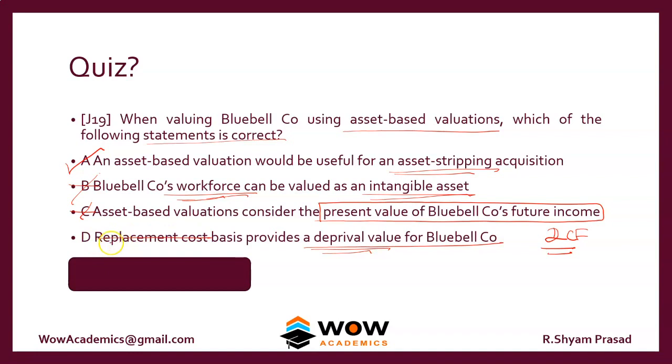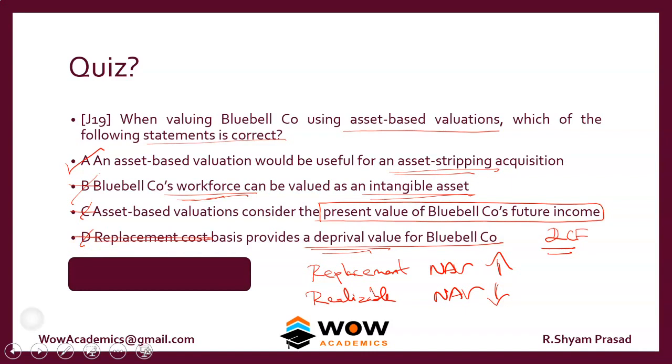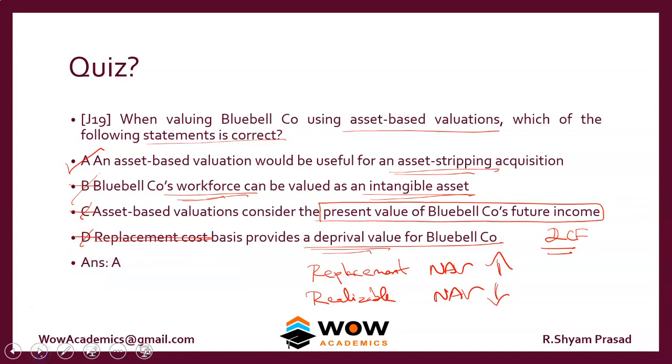Actually, it's not replacement. Replacement actually gives you a higher value. If you use replacement for NAV, it gives you a higher valuation. But if you use realizable, that gives you the low valuation for the NAV method. So again, this is wrong. So the answer should be A. So we got the answer.